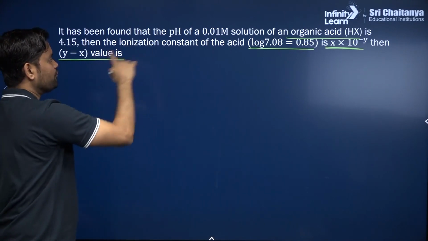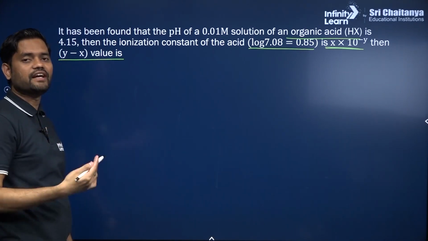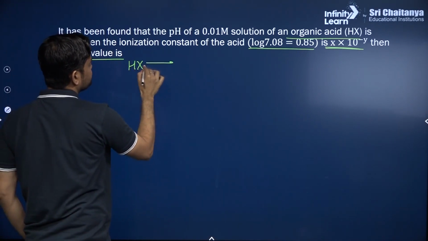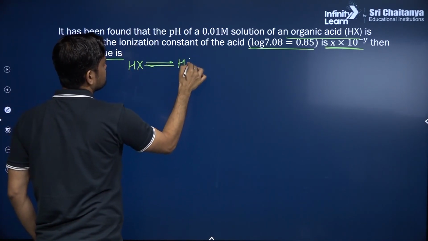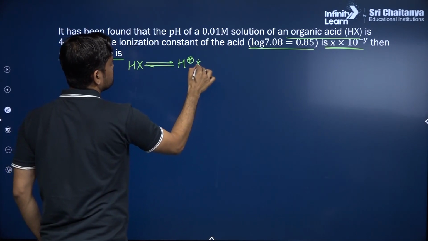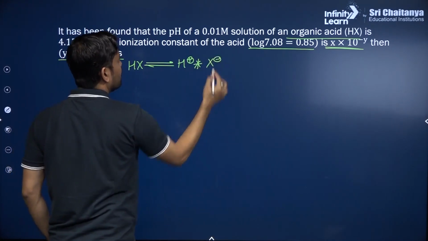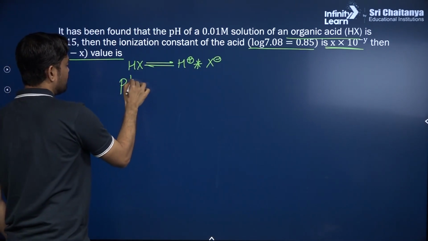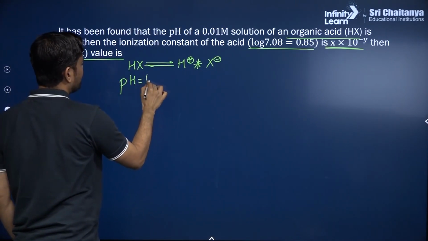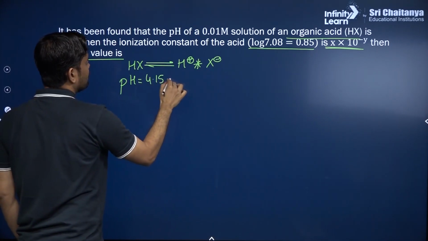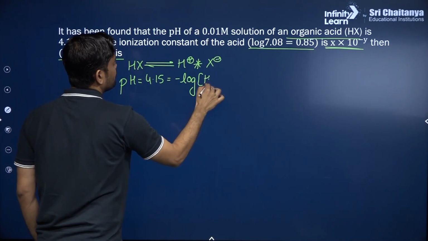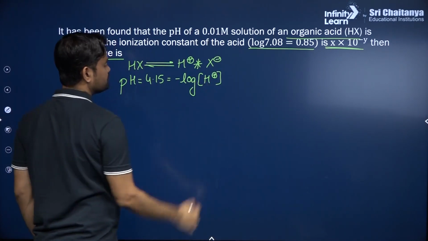First of all, it's an organic acid, so it will be a weak acid, so it will set up an equilibrium like HX giving H plus ion plus X minus ion. The pH of this is given as 4.15. That means negative log of concentration of H plus ion is given.